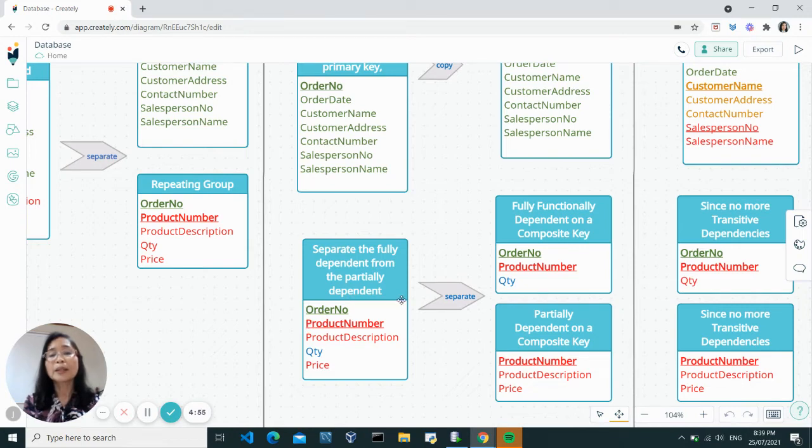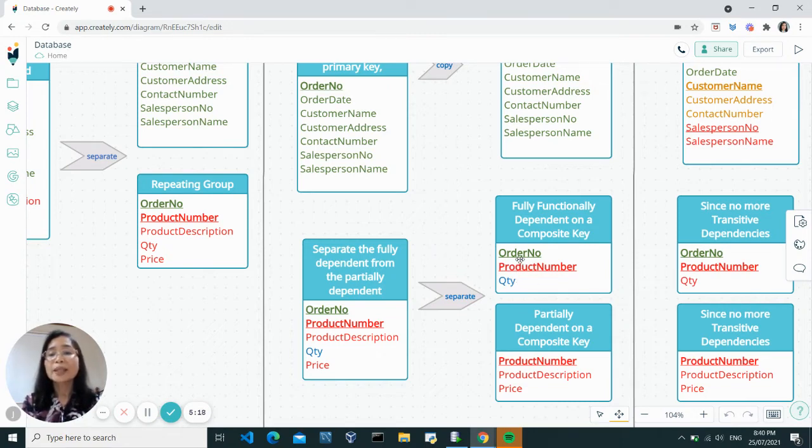So from here, we separate the fully dependent from the partially dependent. Meaning, what are the attributes that are fully dependent on the composite key, and what are the attributes that are partially dependent on the composite key? So we have separated that.